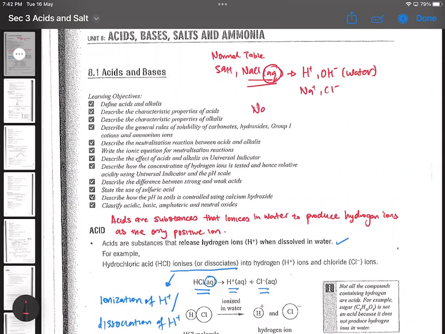So when this salt ionizes, you will actually get a couple of ions. Technically, whenever we write ionization, it is Na plus and Cl minus.